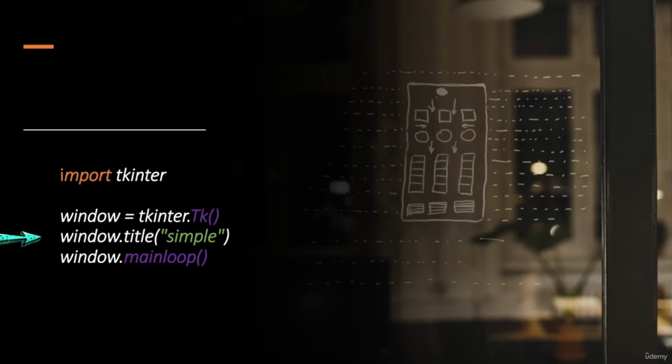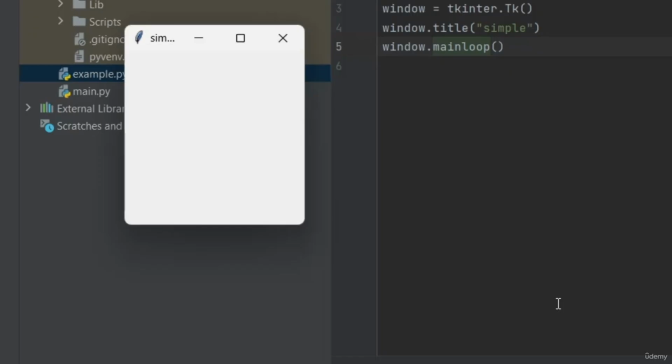So by placing a string data type of simple as an argument inside our title method parentheses, and by applying it to our window, when we run the following code by again applying the mainloop method to our window object, we should have a window appear on our screen with the title of simple appearing on our window bar.